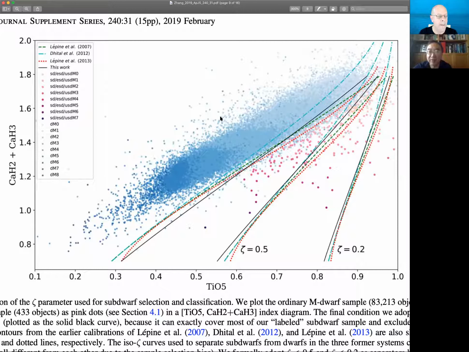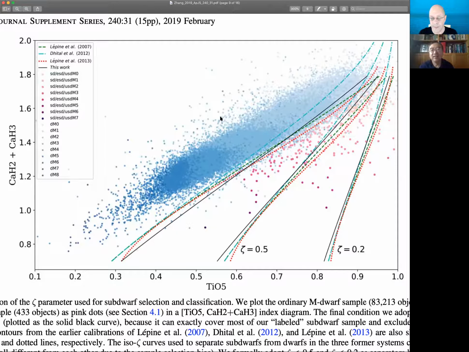This picture is just to get the criteria. So these red targets are labeled M-dwarfs, the blue ones are labeled M-dwarfs, and this one M-subdwarfs.